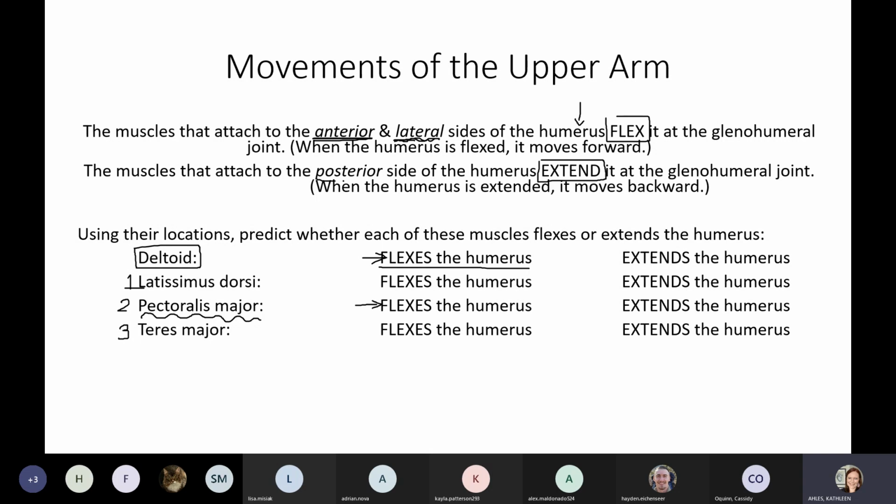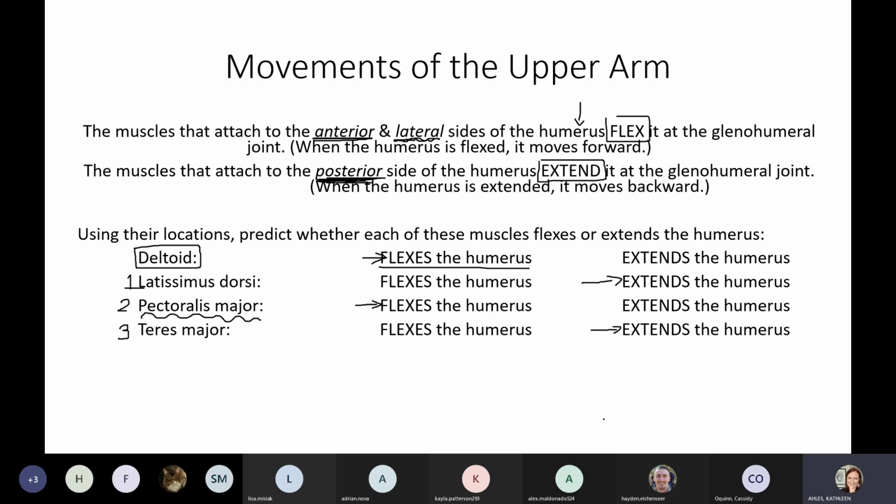Muscles that live on the back side of the body are going to pull the humerus backwards. So that movement, pulling your humerus backwards, is extension, which means that latissimus dorsi, who lives on the back side of the body, and teres major, who also lives on the back side of the body, both of them are going to extend the humerus because they live on the back side.